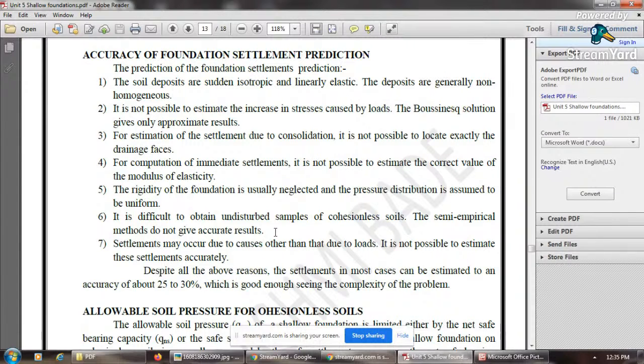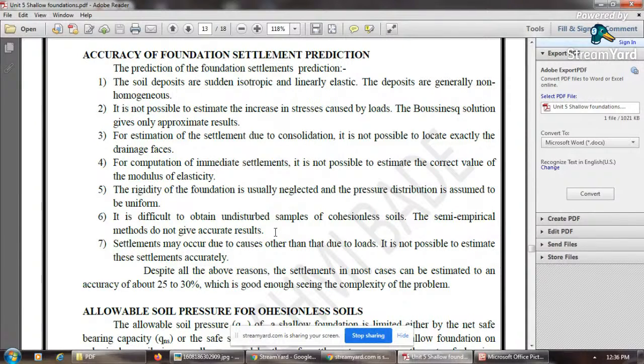For computation of immediate settlements, it is not possible to estimate the correct value of the modulus of elasticity. The rigidity of the foundation is usually neglected and the pressure distribution is assumed to be uniform. It is difficult to obtain undisturbed samples of cohesionless soils. Semi-empirical methods do not give accurate results.